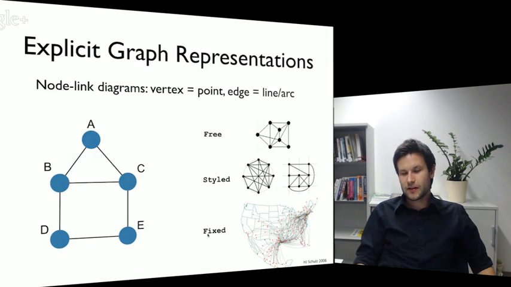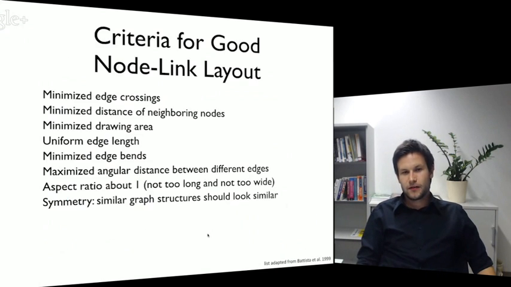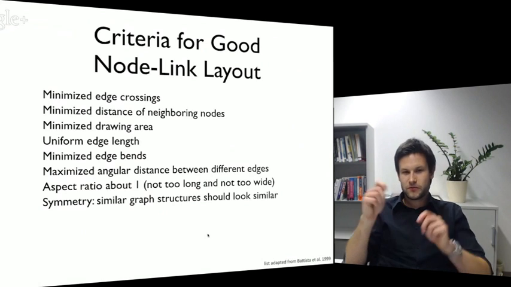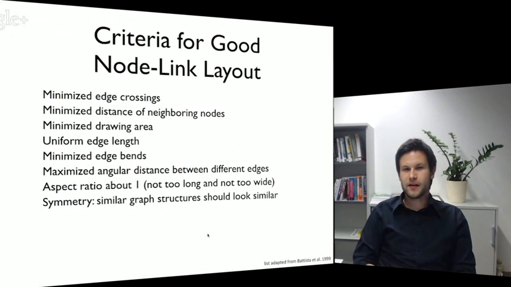It's also an option that you have a graph where you can't move the nodes. An example would be if you have a map, of course, and the cities are your nodes, then of course you can't move the cities. So the layout is fixed. But if we don't have this restriction, then of course we can move the nodes to any position we want.